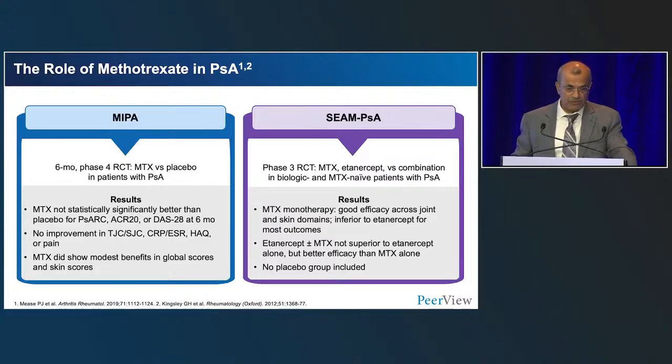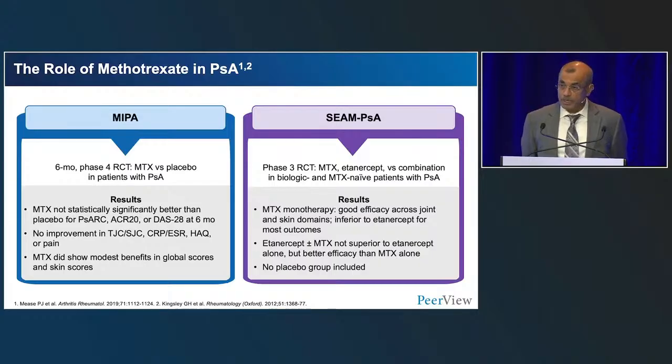It was a 6-month phase 4 randomized controlled trial, methotrexate versus placebo, and strangely, methotrexate was not statistically significantly better than placebo for any of the major outcomes that they looked at: PSARC, ACR20, DAS28 at 6 months.